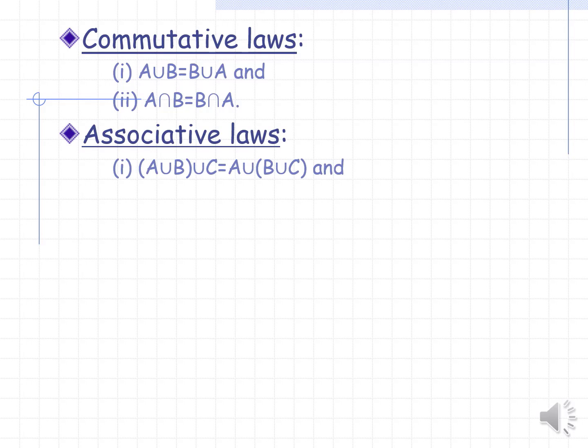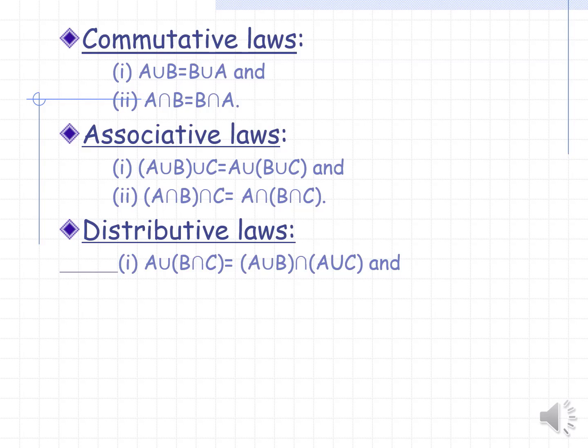Associative law. Within bracket A union B, union C is equal to A union within bracket B union C, and within bracket A intersection B, intersection C is equal to A intersection within bracket B intersection C. Therefore, union and intersection also follow the associative laws.